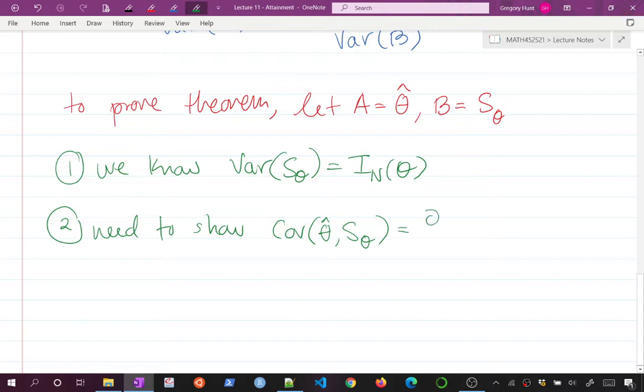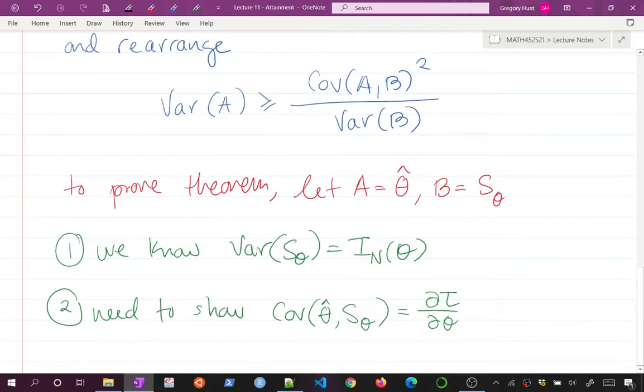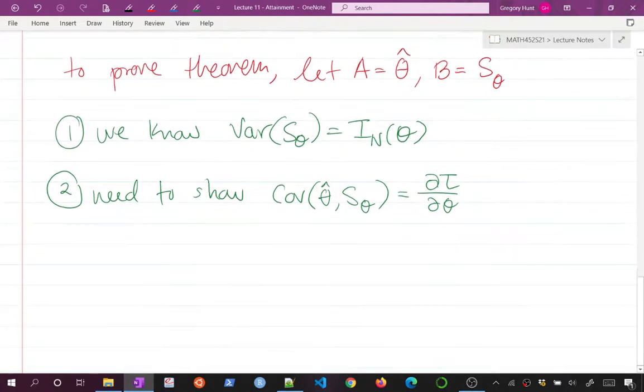If we can show that this thing is the derivative of d tau d theta, everything's done. Then A would be replaced with theta hat, the bottom would be replaced with the information, and the top would be replaced with the square of that derivative. So if we can show this, we're good. So let's show it.